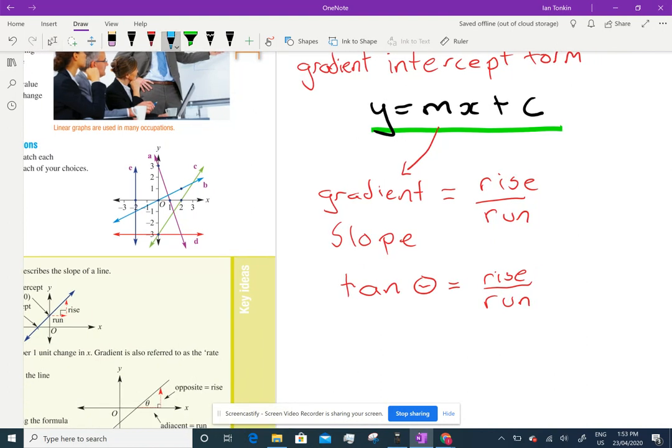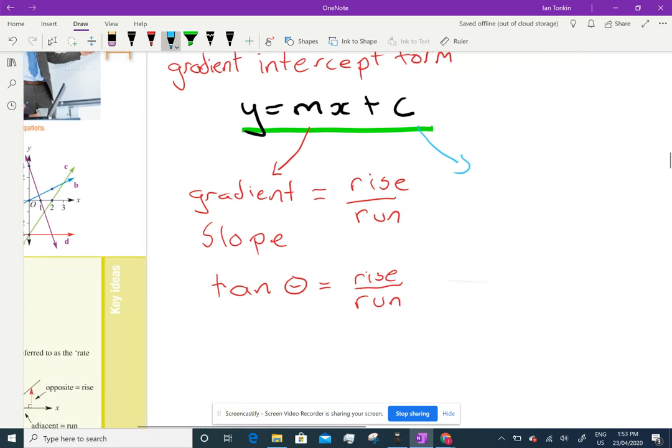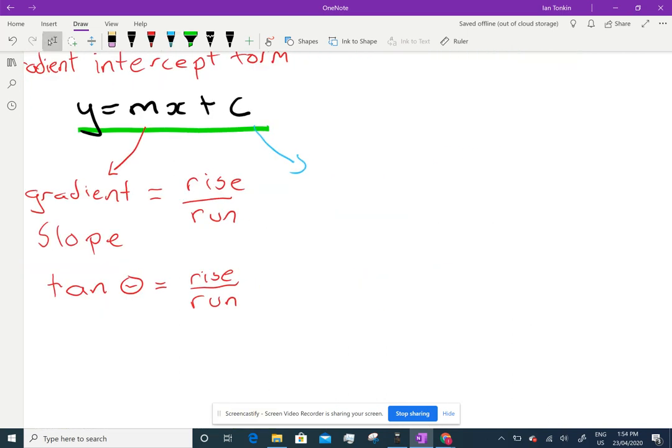And c is the y-intercept, where it cuts the y-axis.